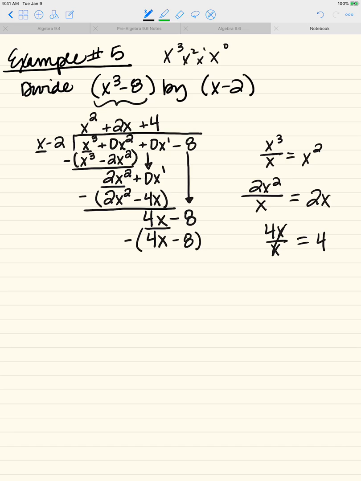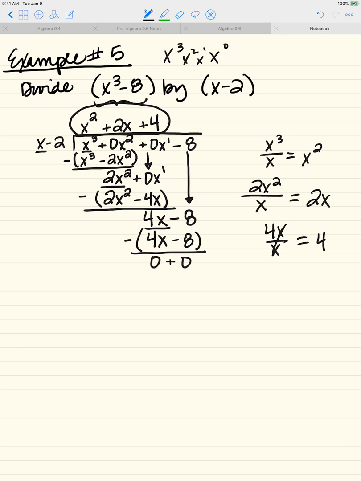We have 4x minus 4x, that's 0. And then we have negative 8 minus a negative 8, so that's negative 8 plus 8, so that also is 0. Okay, so there's no remainder. So this x squared plus 2x plus 4 is our final answer. There's no remainder.